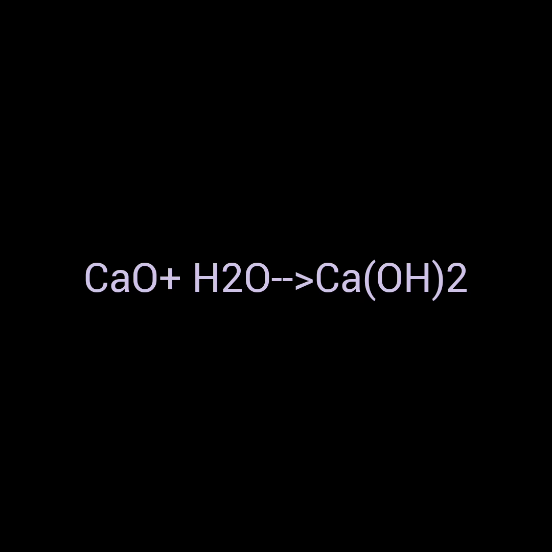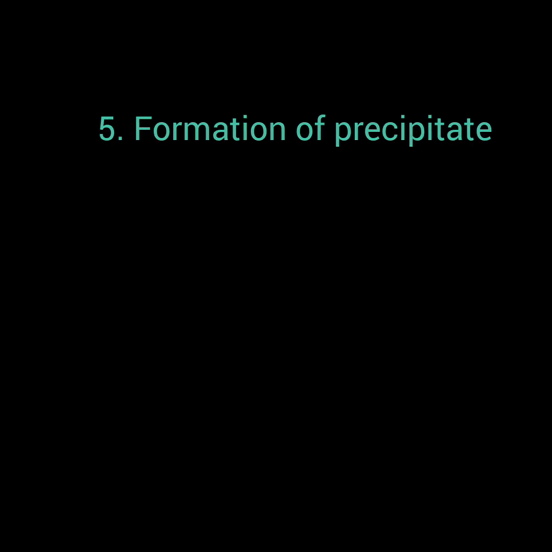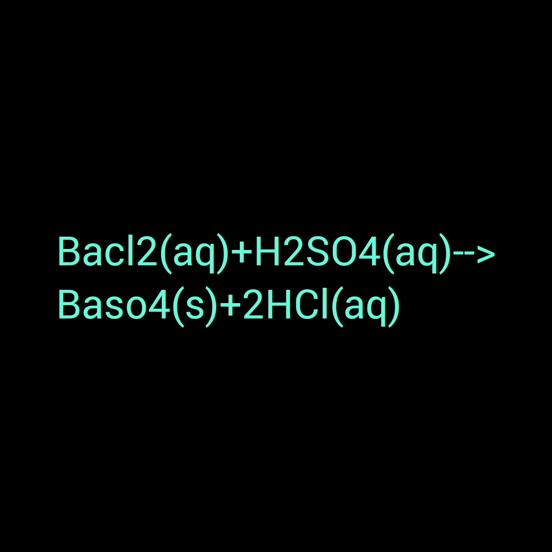So, you should remember these two names. Quicklime is calcium oxide and slaked lime is calcium hydroxide. Here, rise in temperature occurs. And the last one is formation of precipitate. After some chemical reactions, we will get a precipitate. Reaction between barium chloride and sulfuric acid to give barium sulfate and hydrochloric acid.